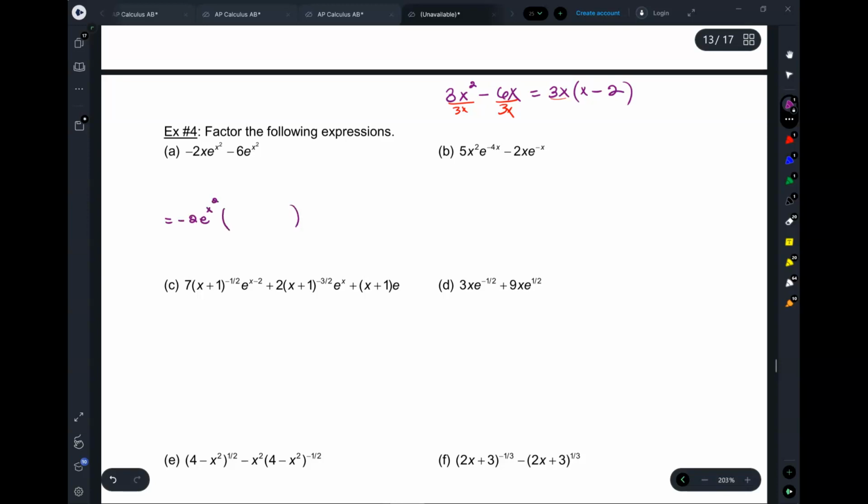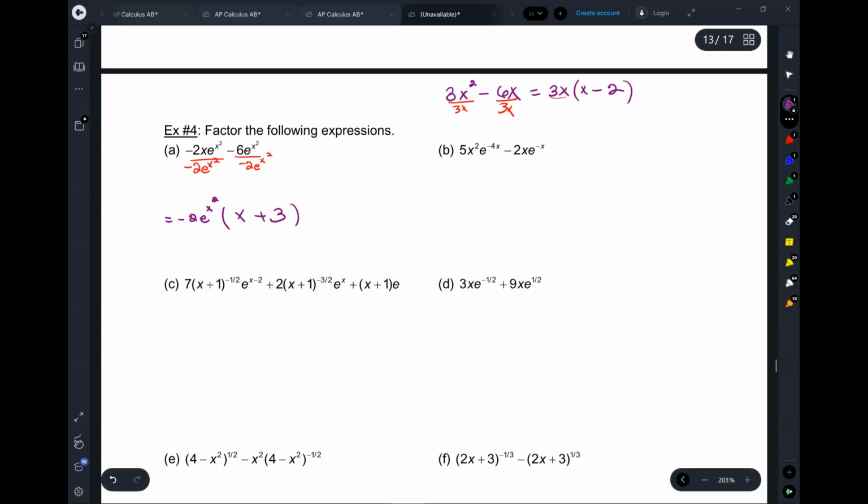So now let's see what remains. This is like dividing by negative 2 e to the x squared. So first term we have x, right? Here we got plus 3, and that is the final answer. Okay? All right.